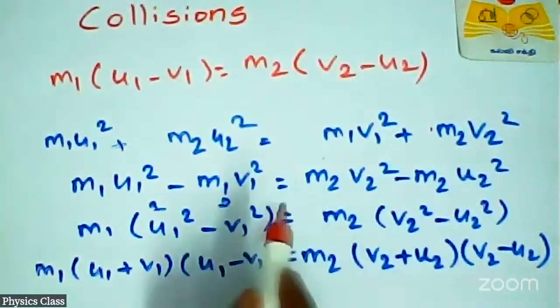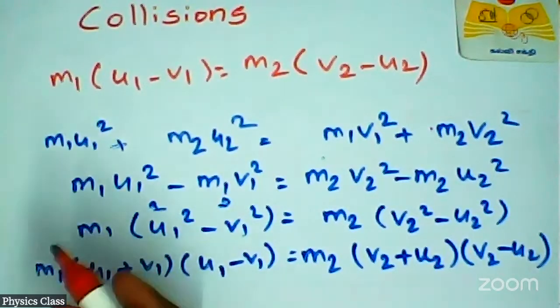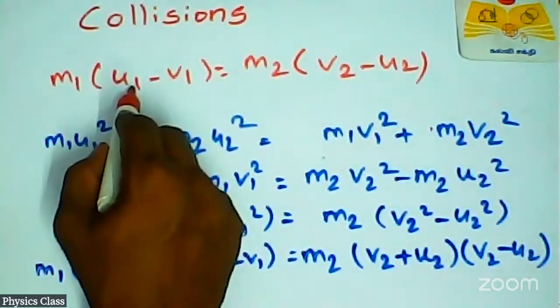Because we don't know what u1, v1, v2, u2 are, we have to divide this equation by that equation.